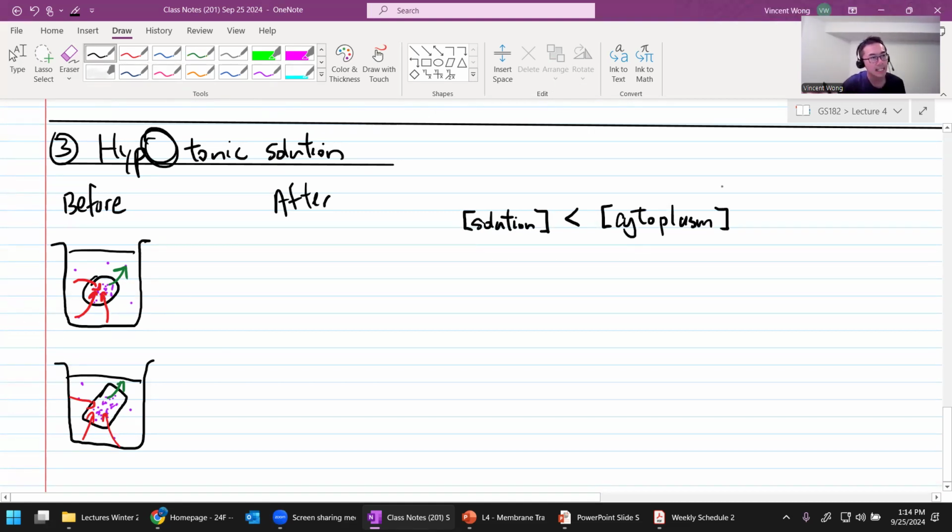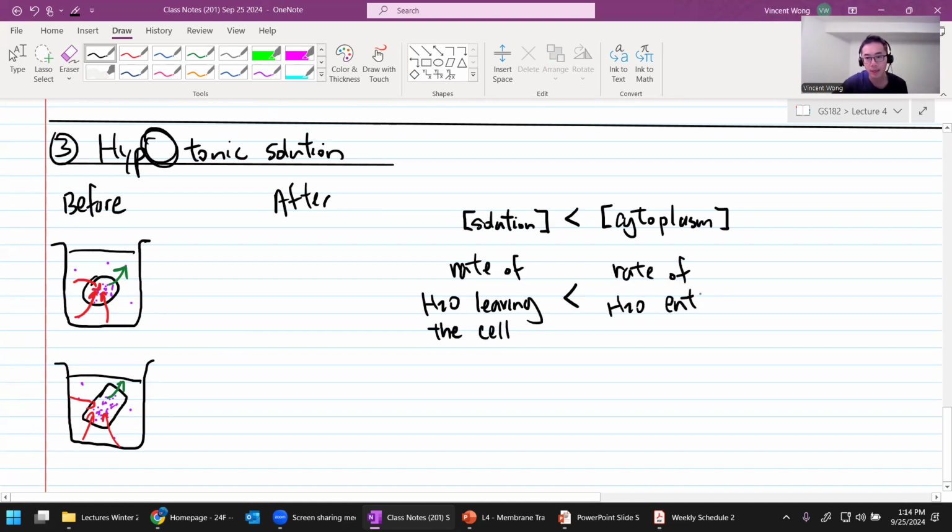Cytoplasm is the inside of the cell. And therefore, the rate of water leaving the cell is less than the rate of water entering the cell.